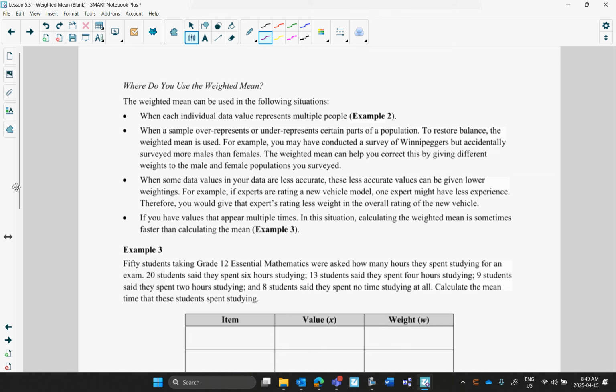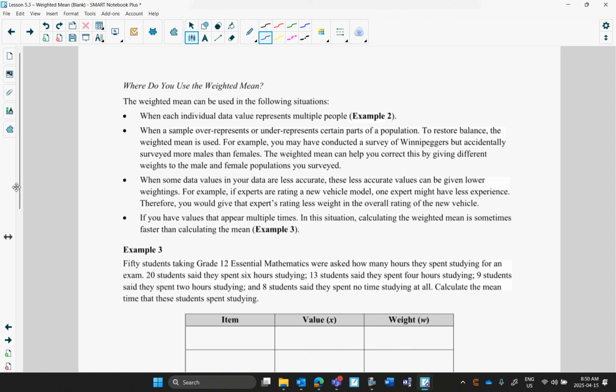When a sample over-represents or under-represents a certain part of the population, and you want to balance it out. So here you see an example. You conduct a survey of Winnipeggers, but you accidentally survey more males than females.